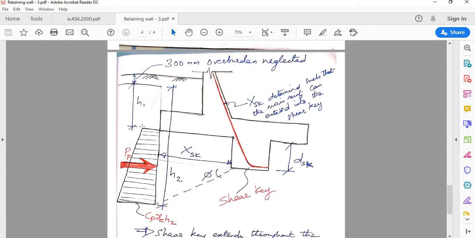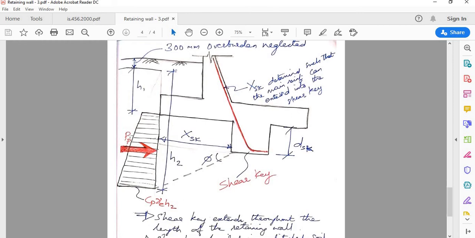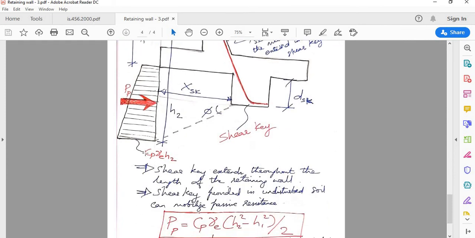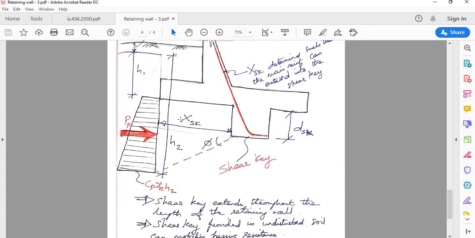So basically what we'll be having is this trapezium shape, which is part of the original triangle like this. So you have H1, and this total is H2. Here this is the total resultant of the passive earth pressure. In passive earth pressure you have the passive earth pressure coefficient, which is the reciprocal of the active earth pressure coefficient.